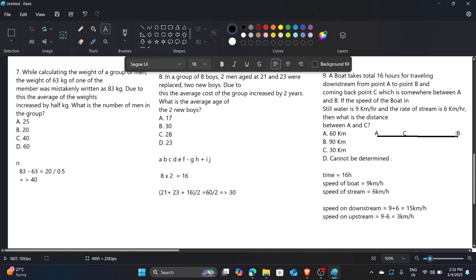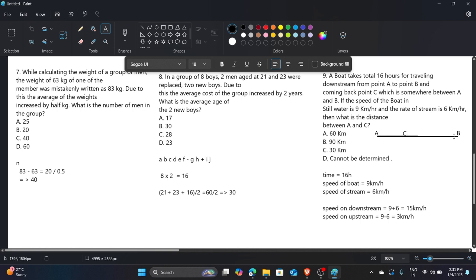From here to here it is downstream, so we would calculate it with the help of 15 kilometers per hour. But we can't calculate anything, because we don't know how much time it takes from going here to here and then here to here.